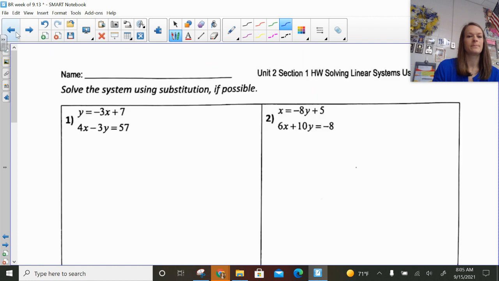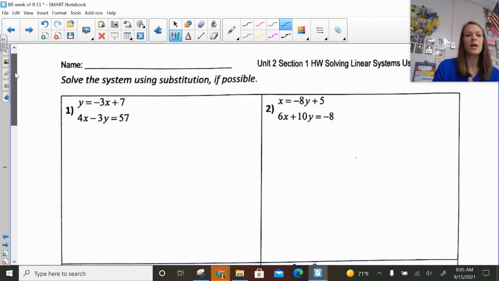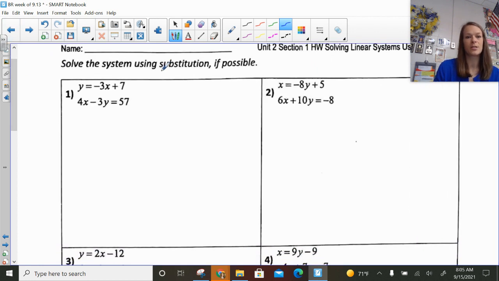All right. So substitution, when you're solving by substitution, that means you're replacing one of the variables with what it equals. When you look at it, you want to find which equation has the variable by itself. In this case, this one has a y by itself.